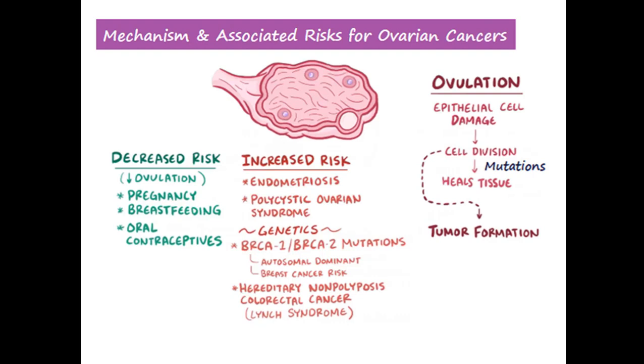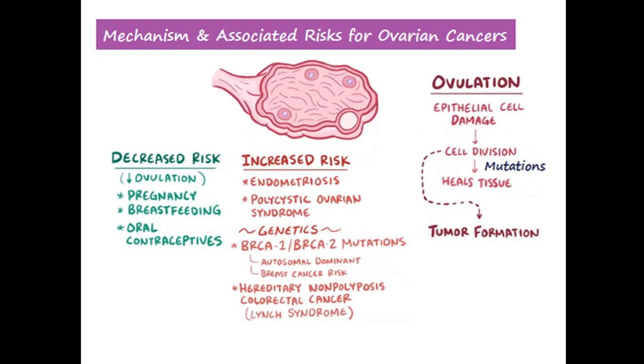So a decreased number of ovulations decreases the risk of ovarian tumors. On the other hand, an increased number of ovulations and increased cellular divisions for the repair of the ruptured follicles will increase the risk for ovarian tumors.